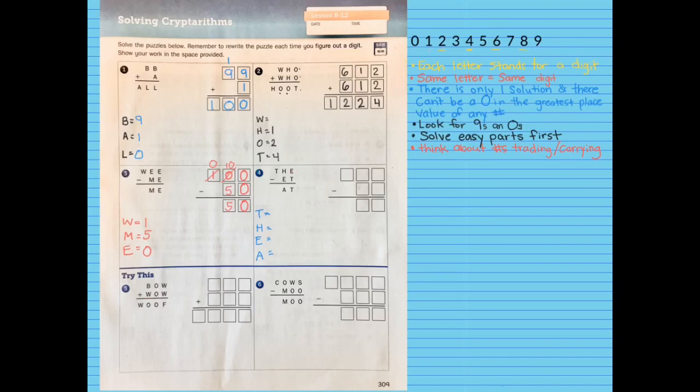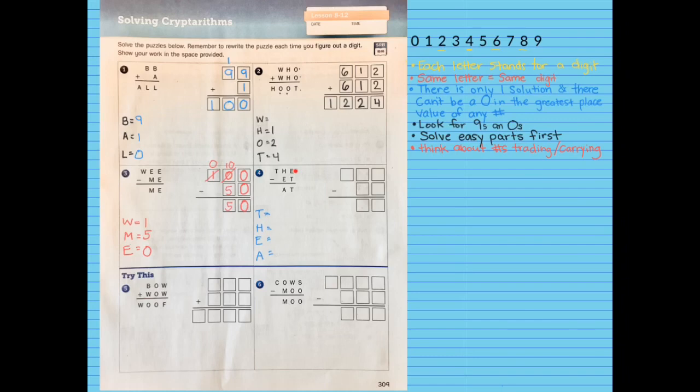So would this work? 2 minus 1 equals 1. That might work. Now, would 4 minus 2 equal 2? Yeah, any of these numbers would actually work. So let's think about which number would work the best.